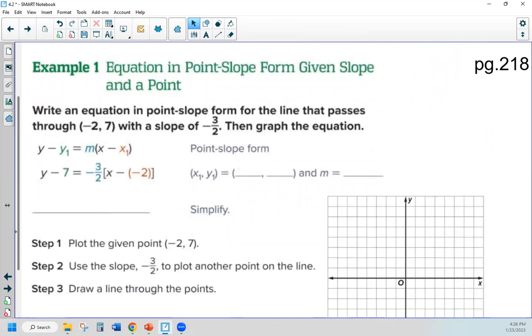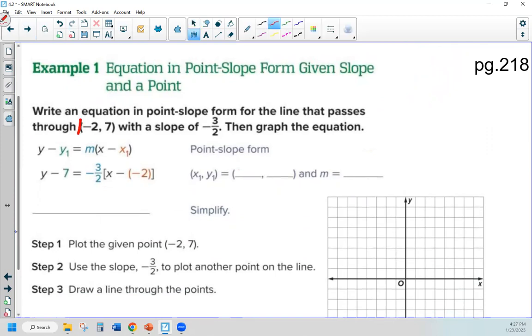Example number 1. We're going to go ahead and create an equation in point slope form of a line that goes through this point right here, and it has a slope of -3/2. Now, the first thing I'm going to do is remind you what point slope form is. Point slope form is y minus y1 equals slope times x minus x1.